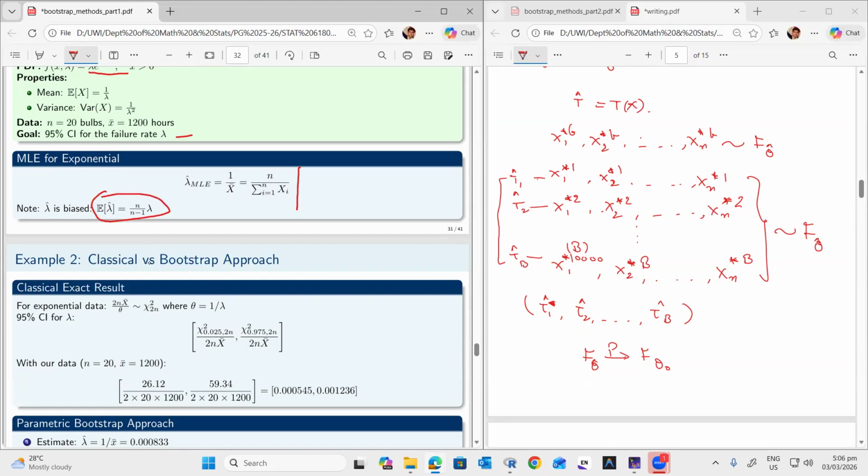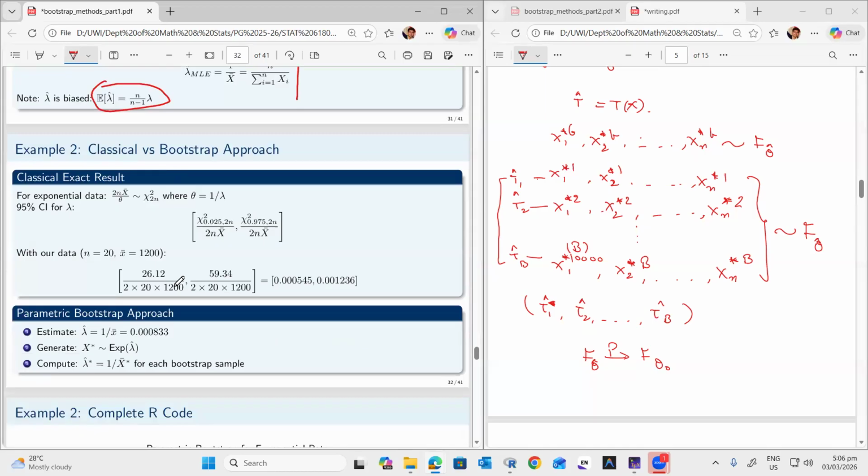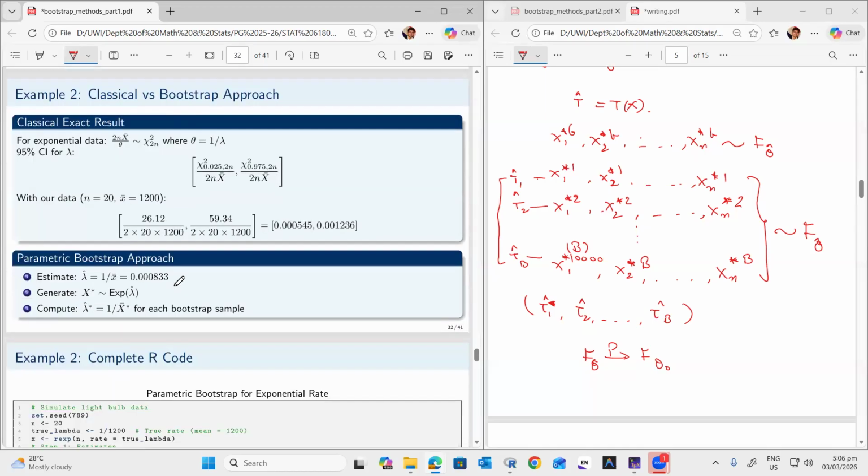So in the classical method, what we are going to do, we know that 2n x bar divided by theta, where theta is 1 upon lambda, follows the chi-square distribution with 2n degrees of freedom.